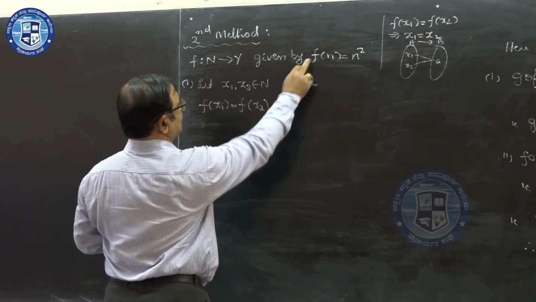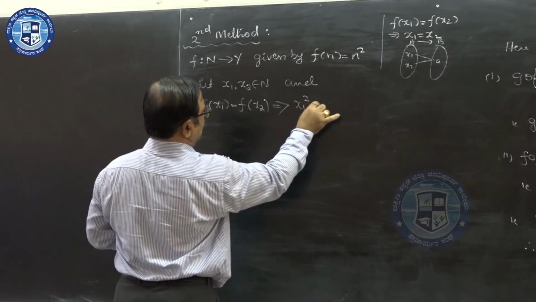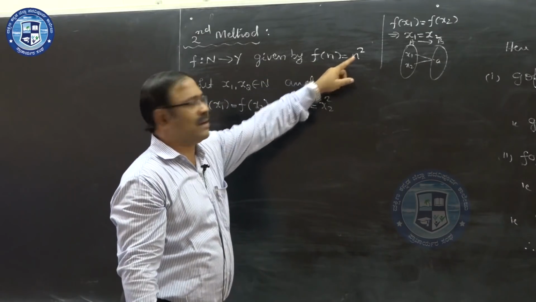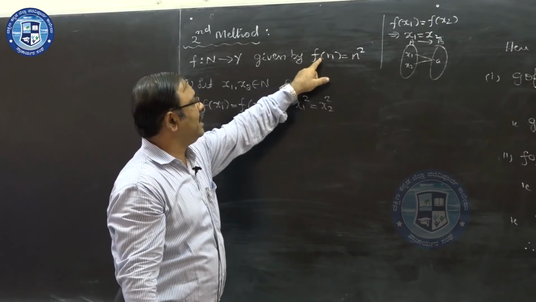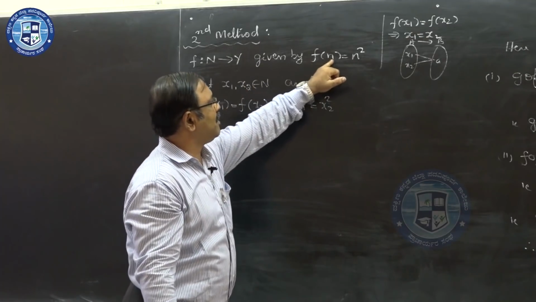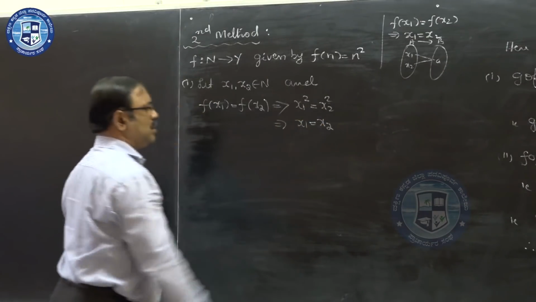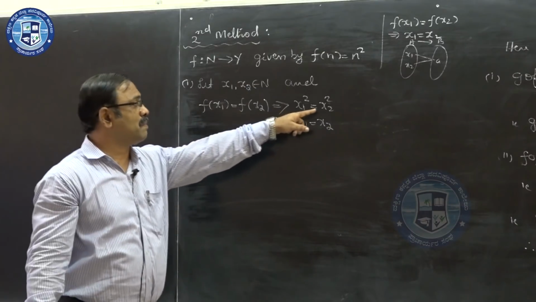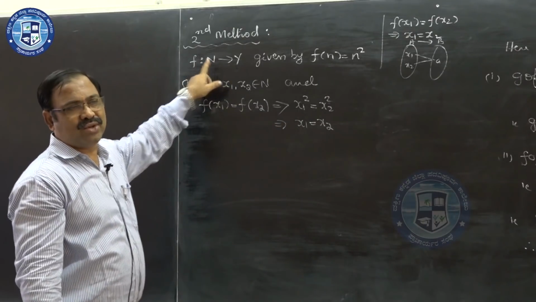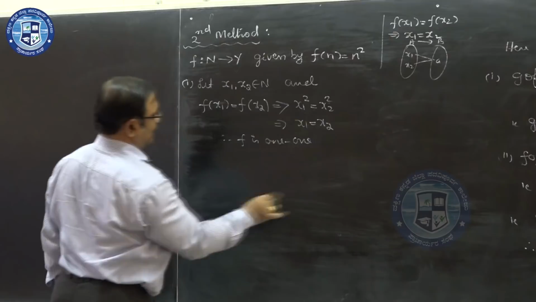Since f of n is n square, f of x1 is x1 square, and f of x2 is x2 square. So x1 square is equal to x2 square, which implies x1 is equal to x2. Actually x1 is plus or minus x2, but we can't write that because the function is defined on the natural number set. Therefore f is one to one.